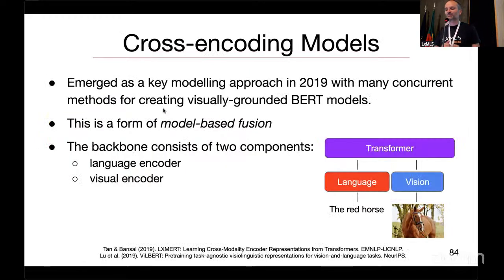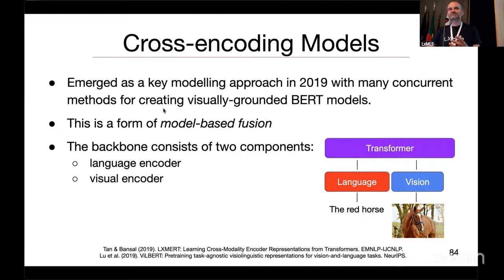The cross-encoding models emerged as a key new modeling approach in 2019, where there were many concurrent papers on creating what were called visually grounded BERT models. This was one of the earliest attempts at real learned model-based fusion.